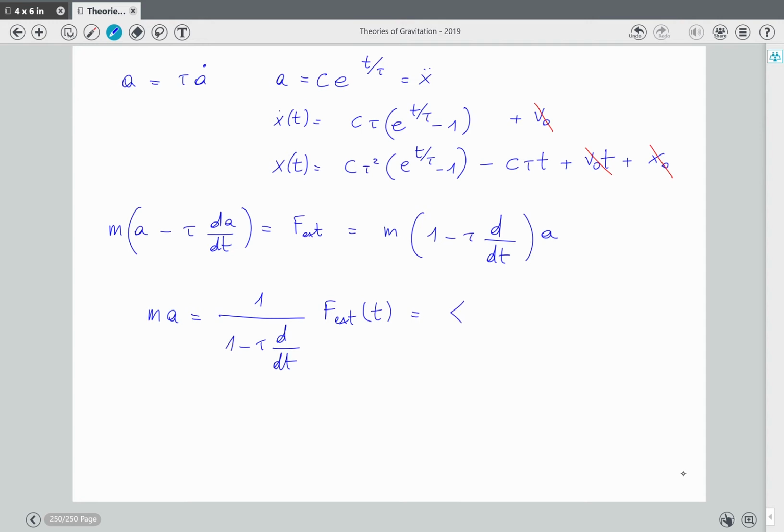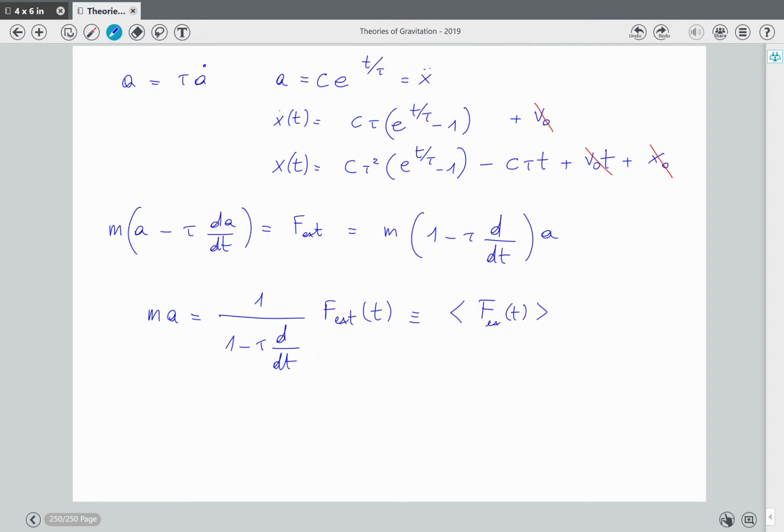So that's a sort of average of the external force by means of a green function, which would be the inverse of that operator. We have done nothing so far because you see that this inverse has a pole, and that is the extra degree of freedom that we are not losing.